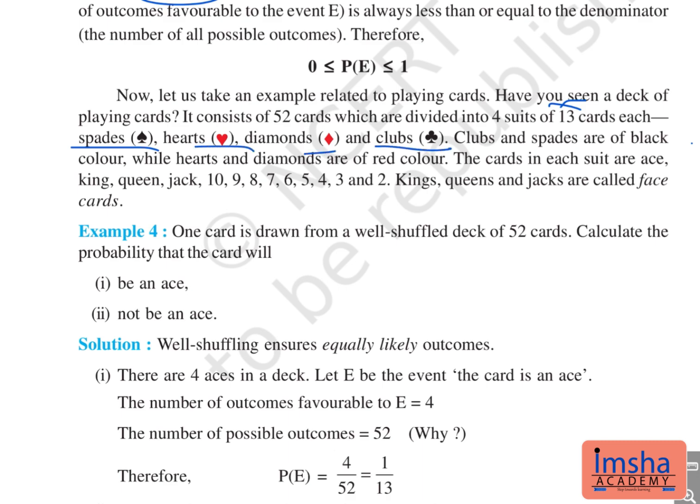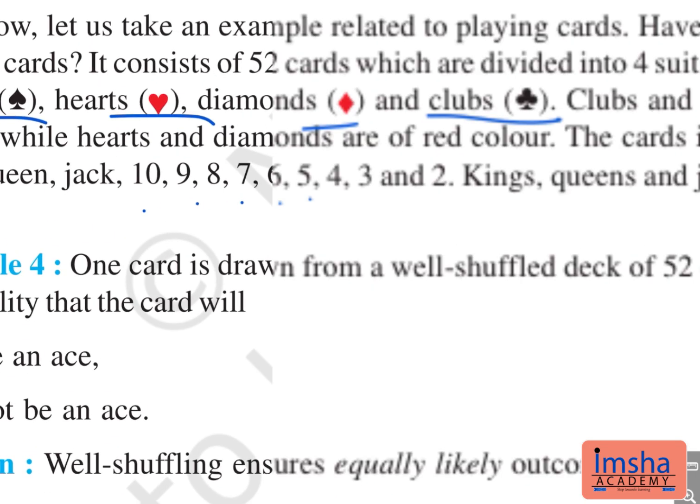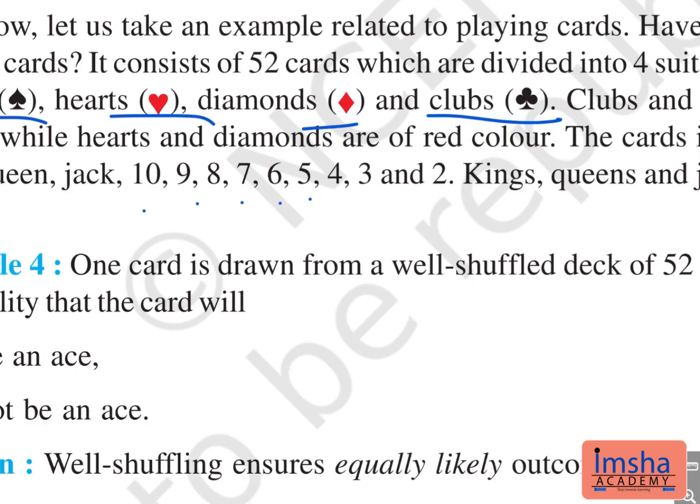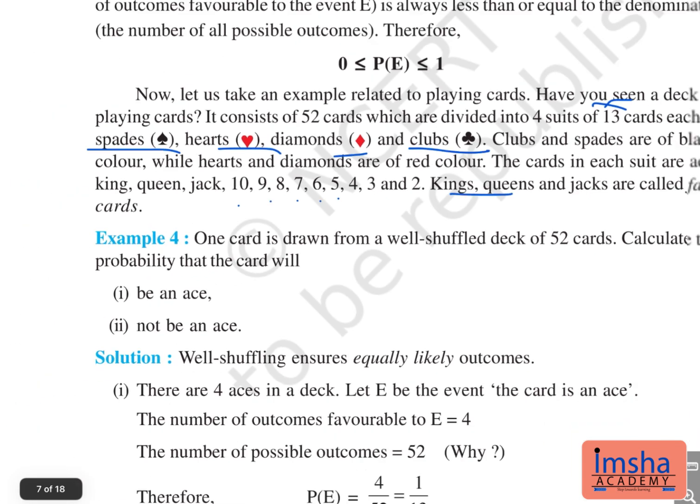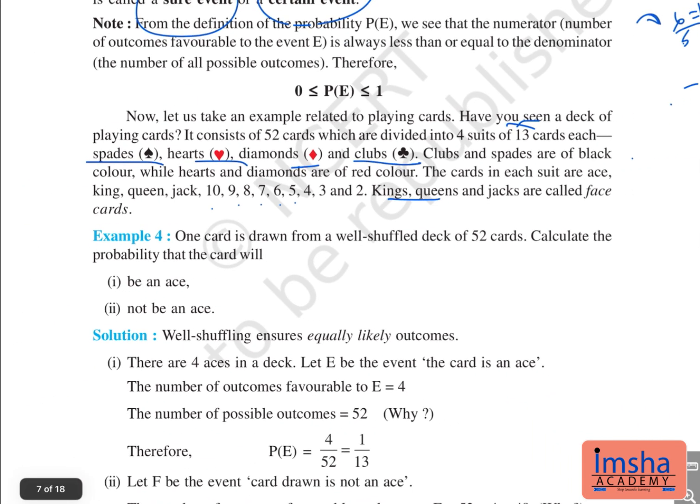The cards in each suit are ace, king, queen, jack, 10, 9, 8, 7, 6, 5, 4, 3, 2. Kings, queens and jacks are called face cards. How many face cards are there in every suit? There are 3 face cards, that is king, queen and jack.